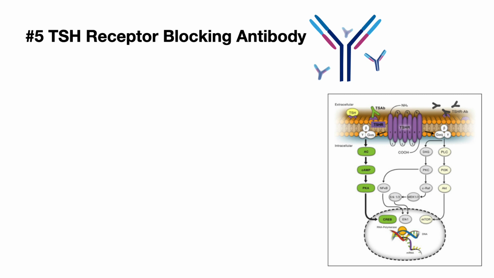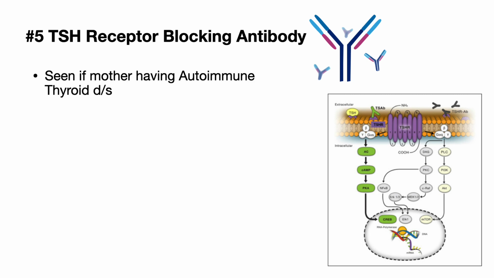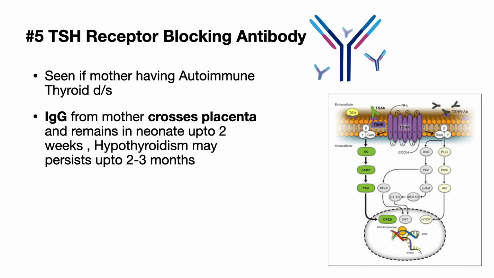Now let's see the fifth type of transient hypothyroidism, that is TSH receptor blocking antibodies. As the name indicates, in this there are antibodies which prevent the TSH from acting. It is seen if the mother has autoimmune thyroid disease. The IgG from the mother crosses the placenta and remains in the neonate for up to 2 weeks.